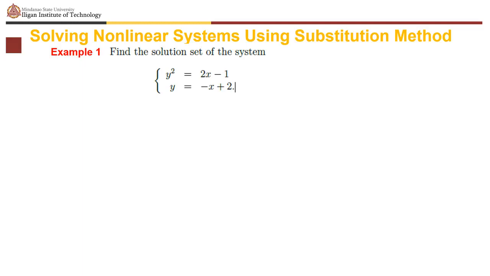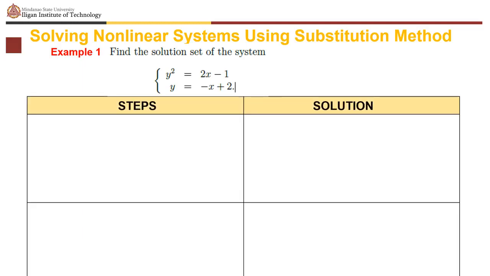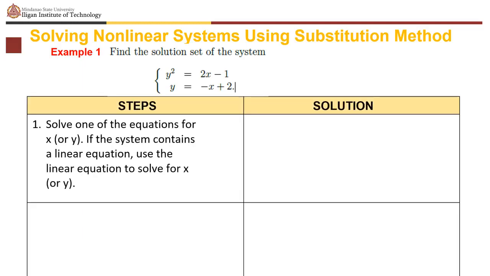Now, in solving nonlinear systems using substitution method, we have here the first example. You're asked to find the solution set of the system y squared equals 2x minus 1 and y equals negative x plus 2. Again, the first step is to solve one of the equations for x or y, and if the system contains a linear equation, use the linear equation.